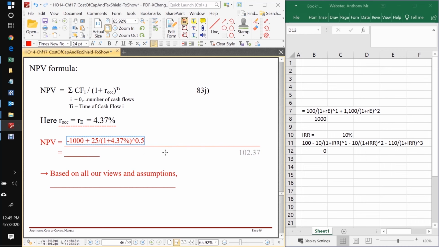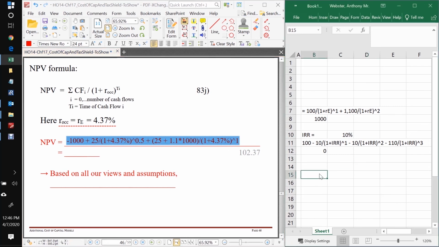So that's going to be 0.5. And then plus, and so this is going to be 25. We get that second dividend plus 1.1 times 1,000. That gives us our appreciation, our expected appreciation of the amount of money we put in to buy shares there of 10%. And this gets discounted by a year, 1 plus 4.37%. And this needs to be raised to the 1.